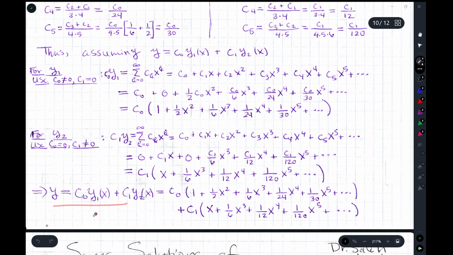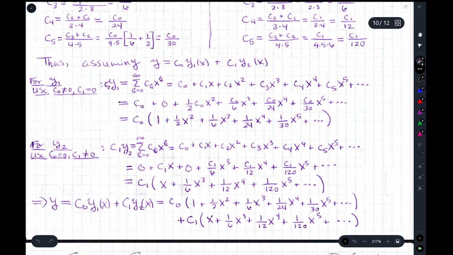Then Y is equal to C0 Y1 plus C1 Y2, where now we found them. This is Y2, and this here is Y1. We don't have a pretty formula for this, so we're just going to leave it as dot, dot, dot there. So this is just convenient.